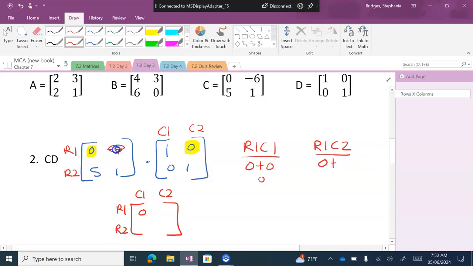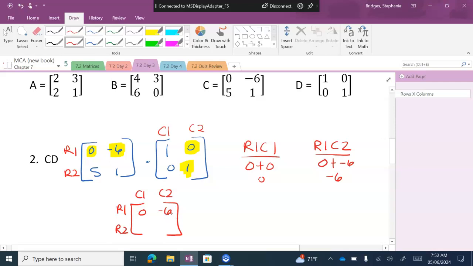And then the second number in the first row times the second number in the second column, -6 times 1, and so 0 plus -6 is going to give me -6 in row 1, column 2 in my answer.